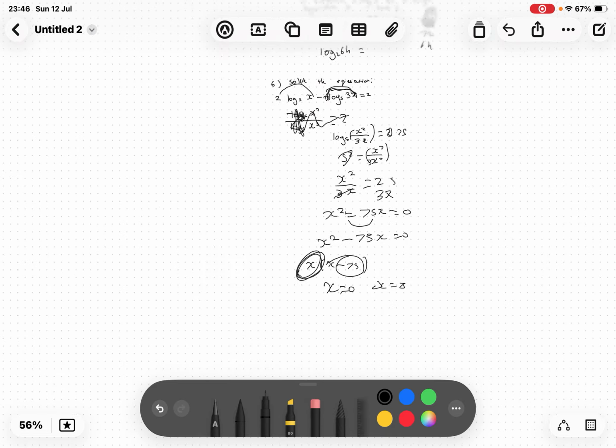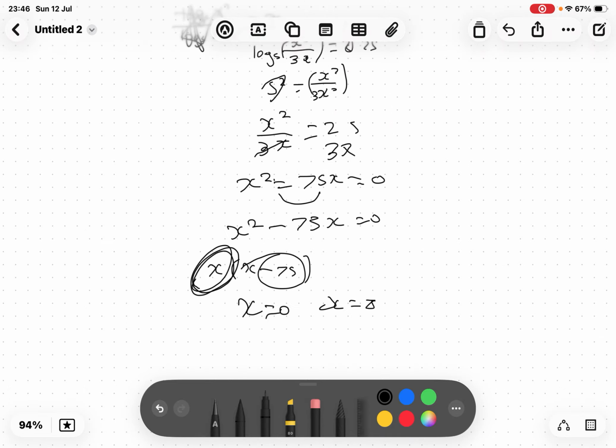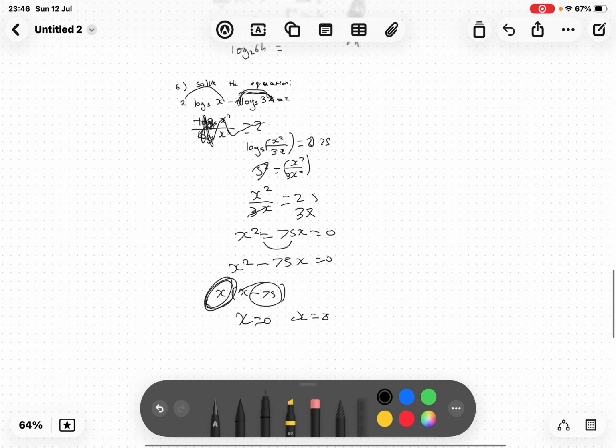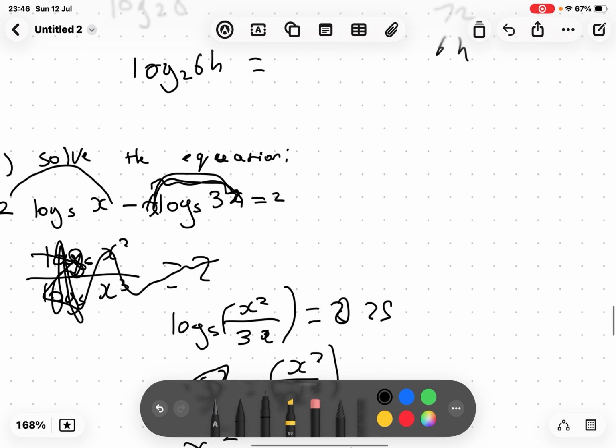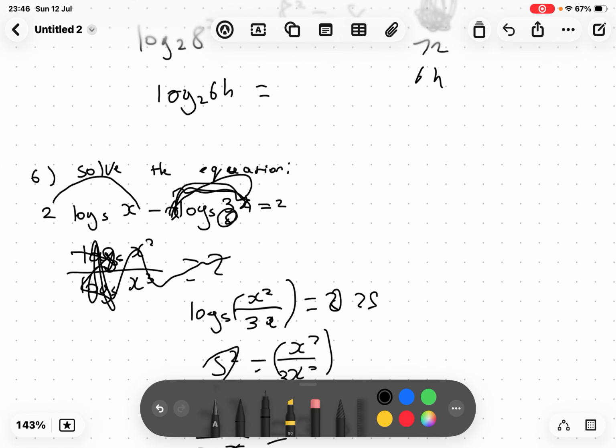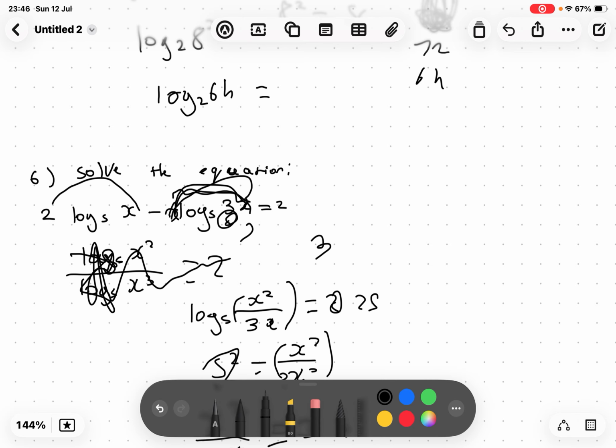And in logs, especially here, we can't have x equaling 0, because 3 times x, over here we have the answer 0, right?